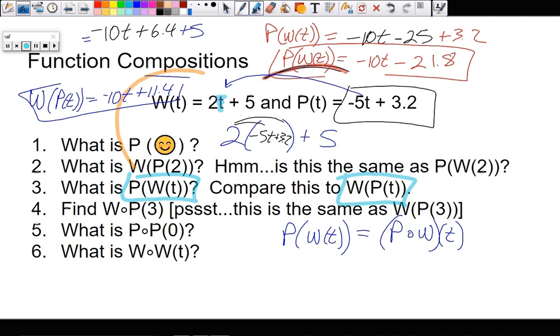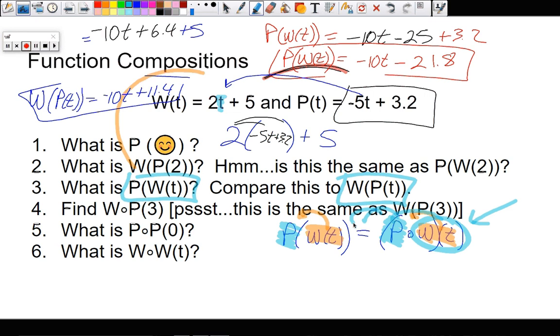Okay? W is worked with first, and then whatever you get, you're going to plug that into P. You with me? So over here with this notation right here, it's like the one that's closest to the letter, and then you just keep working backwards. If there's more and more letters, you just keep working backwards.